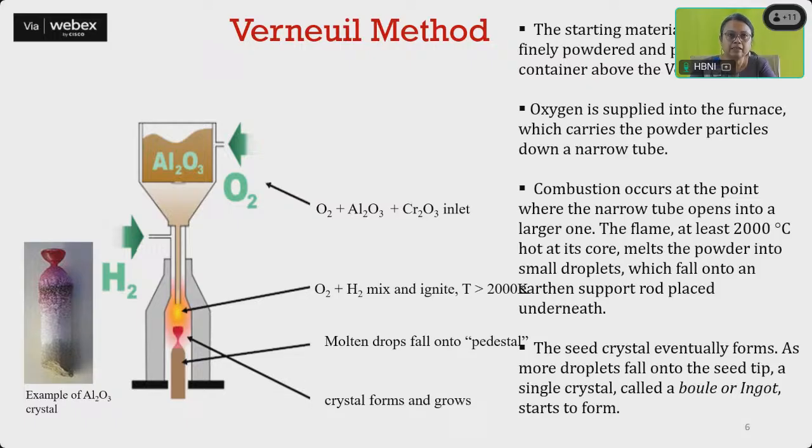The starting material is Al2O3, which for making ruby is mixed with chromium oxide. Because of the oxygen and hydrogen there is a flame formation, which is why it is called the flame fusion technique. Alumina drops are formed and they fall on a pedestal.